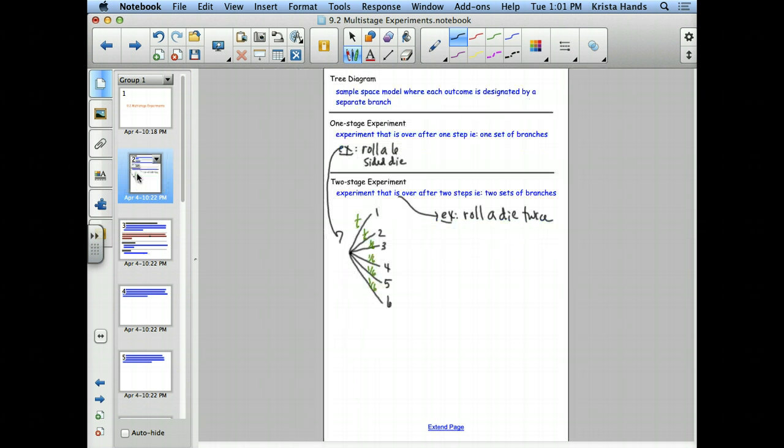Now we start with the same kind of picture that we did before. We start with the die being able to be rolled, and the die that's rolled first has 6 options. I could get a 1, a 2, a 3, a 4, a 5, or a 6.